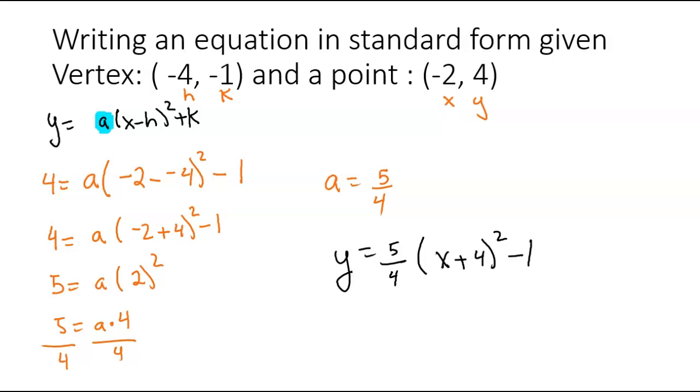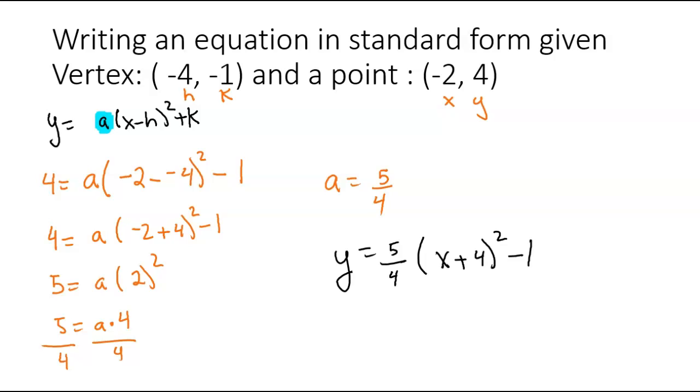Again, remember that plus 4 inside is telling us that we have a horizontal shift to the left by 4. That's why there's a negative, and that -1 on the outside is telling us that we're going down. Again, if you want to pop it up into Desmos, see if these 2 points are in your equation, and they should be.